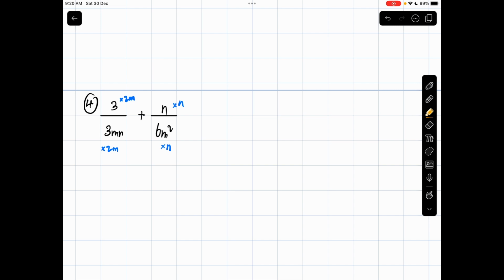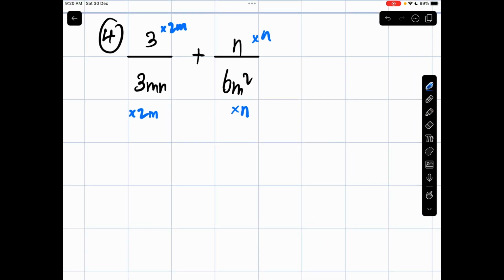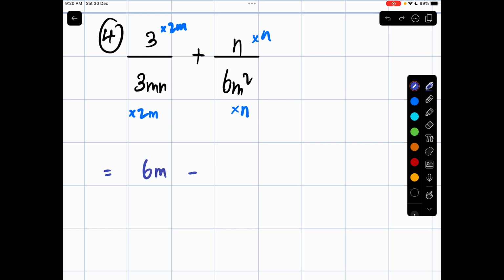So as the final result, we will get 3 times 2m, which is 6m, plus, over 6m squared n. Pardon me again, m squared n.